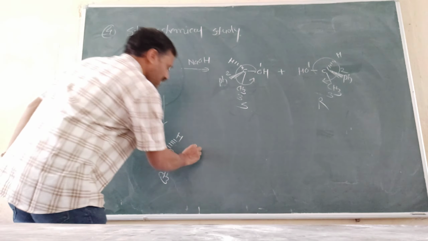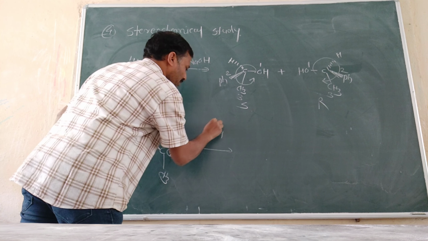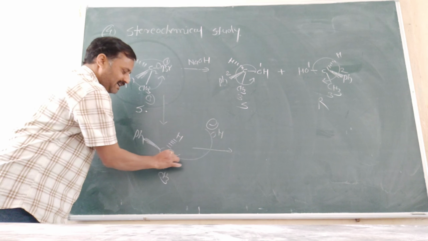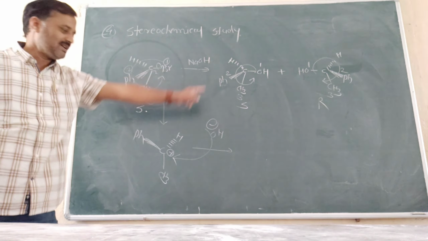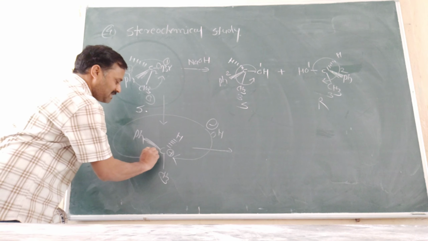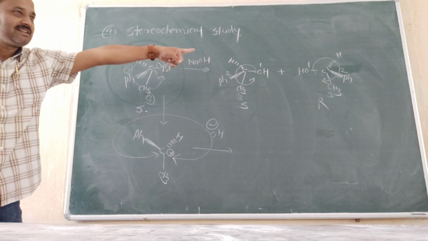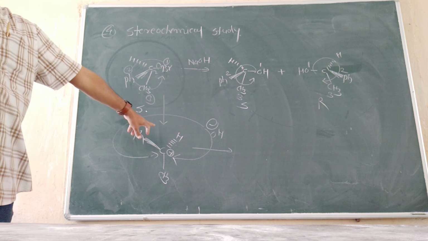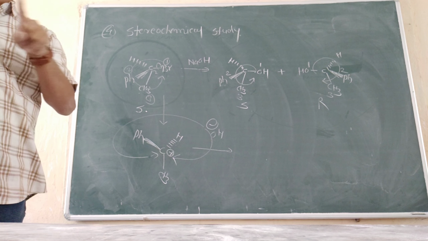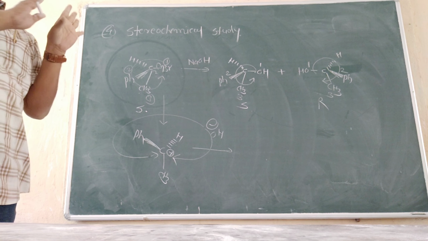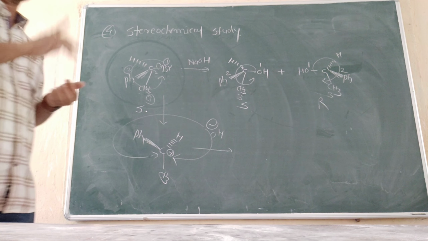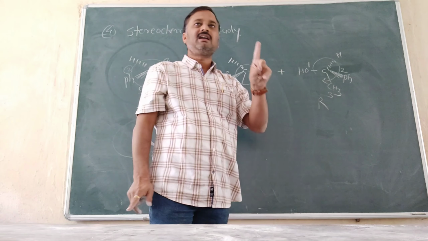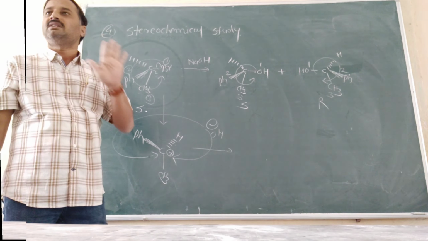The next step is the attack of the nucleophile. If the nucleophile attacks from the front side, we get this alcohol, and if it attacks from the back side, we get this alcohol. This reaction takes place through the formation of planar carbocation, like SN1 reaction. By knowing the stereochemistry of the product, one can write the probable mechanism of any reaction.